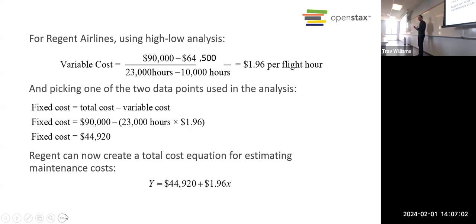I don't know who came up with this, but I think that's pretty brilliant. All right, well, that's great, but we still don't know the fixed cost. And in order to have that complete formula so that we can estimate, we need to know not only the variable cost per unit, which we have right here, we also need to know our fixed cost.